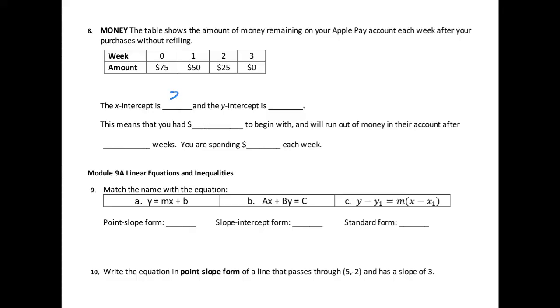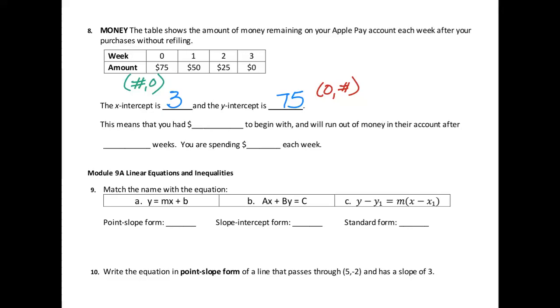That is correct. What's your y-intercept? 75. Remember, if it's an x-intercept, you are going to have some number and then a 0. If it's your y-intercept, you're going to have 0 and then some number.